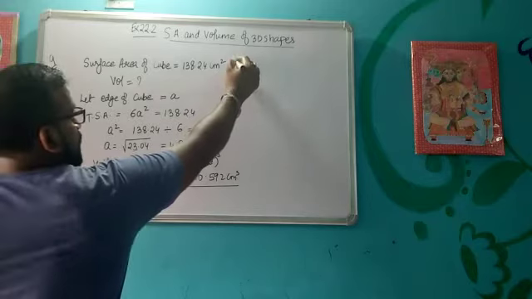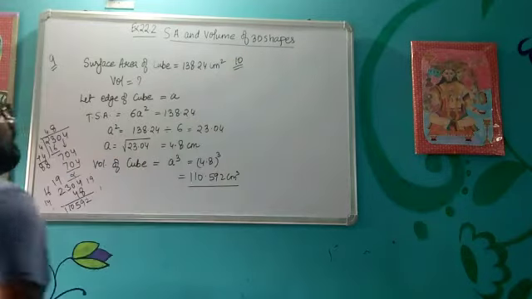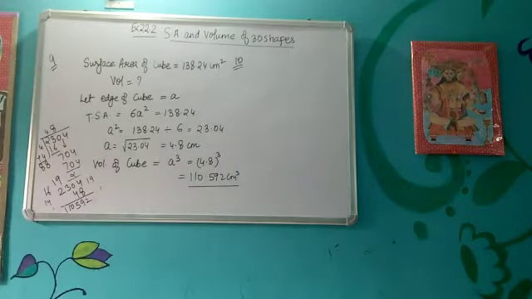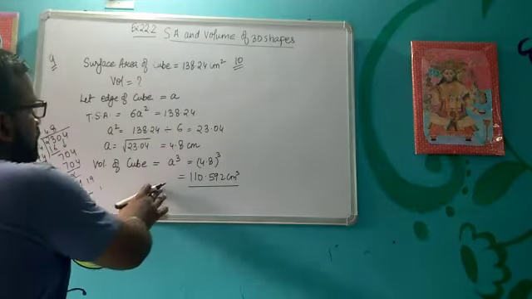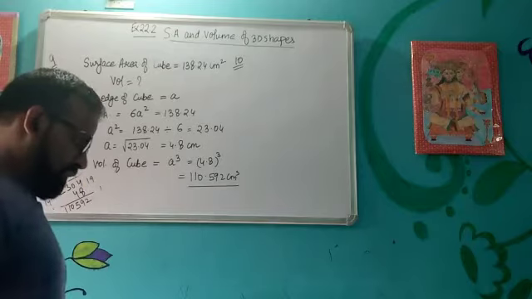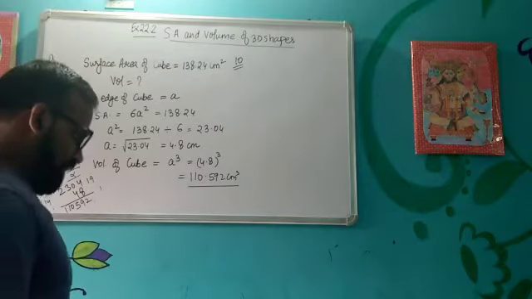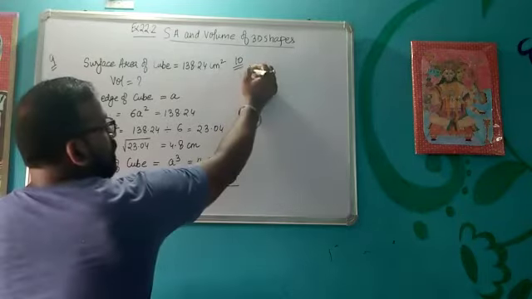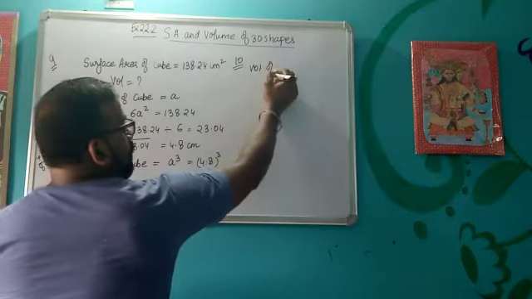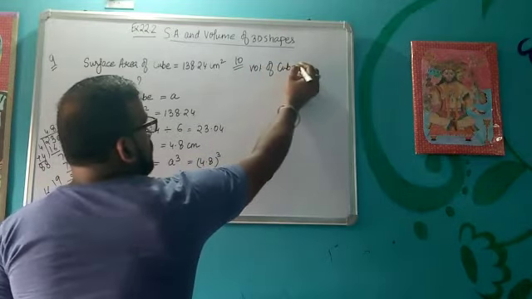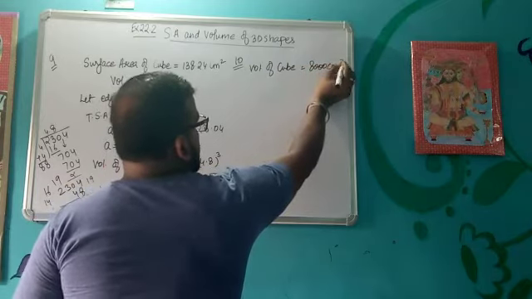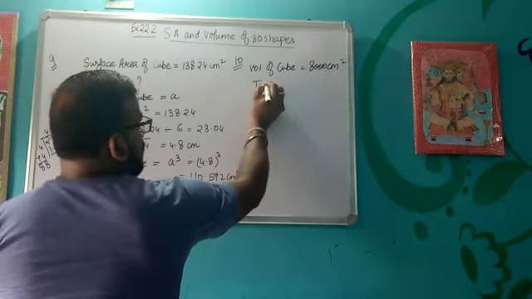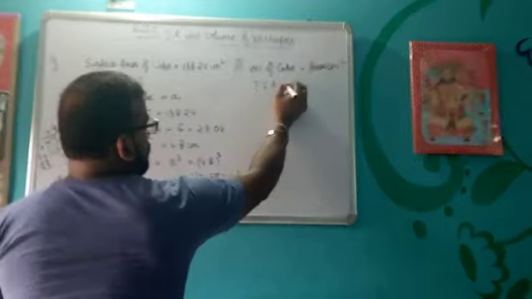Then in question number 10, okay, so I am solving this question in front of this question because they both are like the same. So in question number 10, what is given? Volume of cube is given this time, that is 8000 centimeter cube, and we have to find the total surface area.